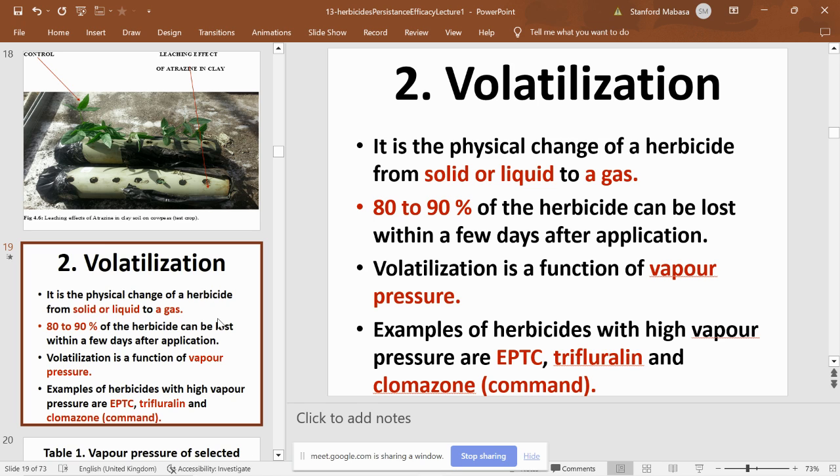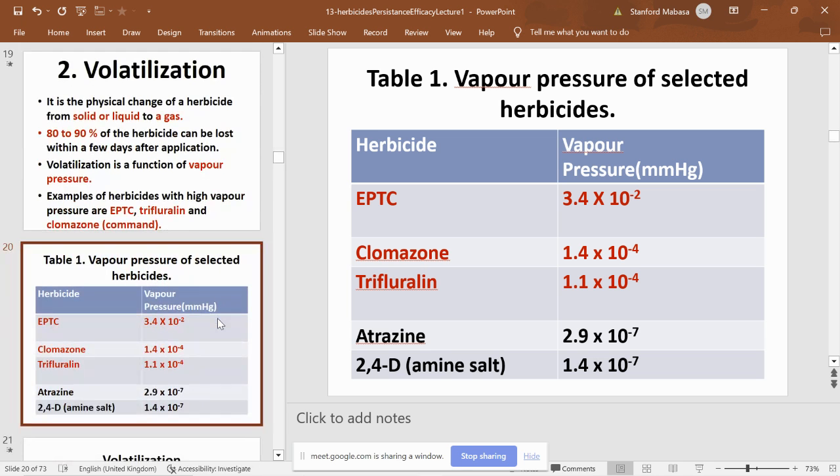Examples of herbicides with high vapor pressure are EPTC, trifluralin, and the command chromosome, which is used in tobacco. Well, these are the vapor pressures of the herbicides with a potential to be lost via volatilization.